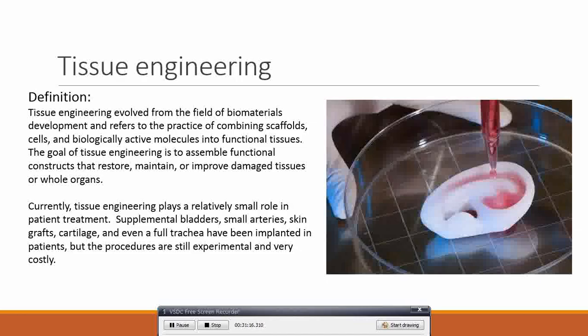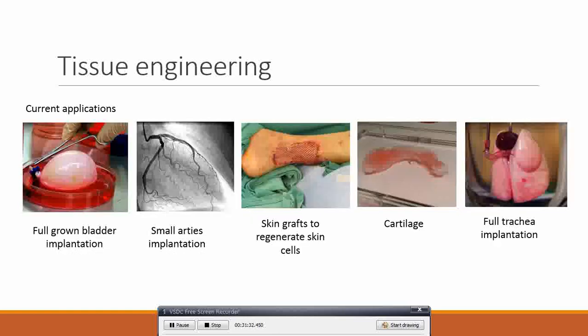Currently, tissue engineering plays a relatively small role in patient treatment. Supplemental bladders, small artery, skin graft, cartilage, even full trachea been implanted in patient, but procedures are still experimental and very costly. Right? Ini adalah contoh dia lah, kan? Contoh full grown bladder implantation.